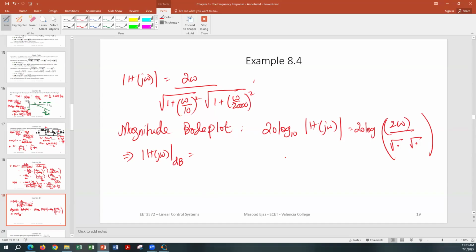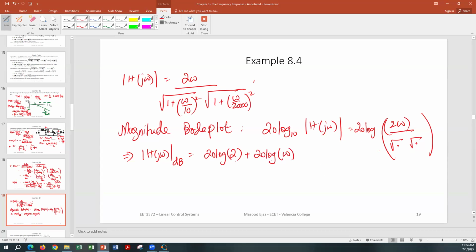So again, apply the log rule, 20 log of the numerator. And we can even divide the numerator into 2 times omega. So it's going to be 20 log of 2 plus 20 log of omega. And then the denominator.